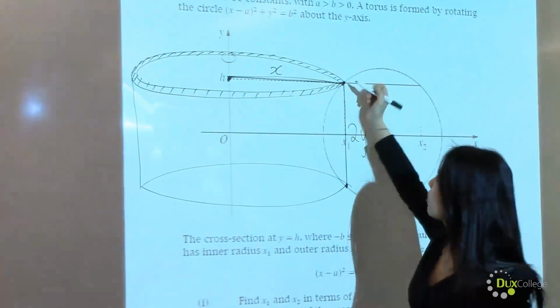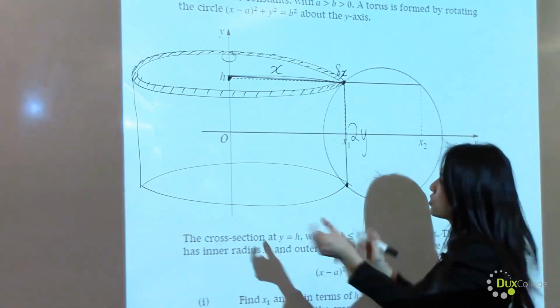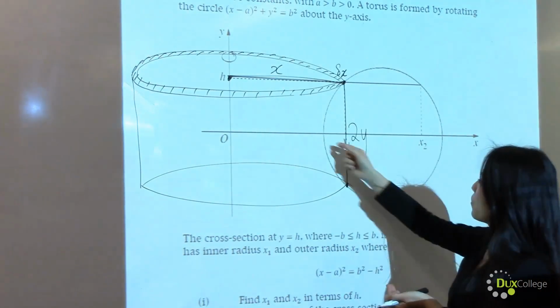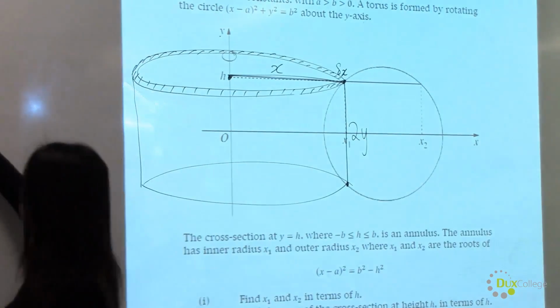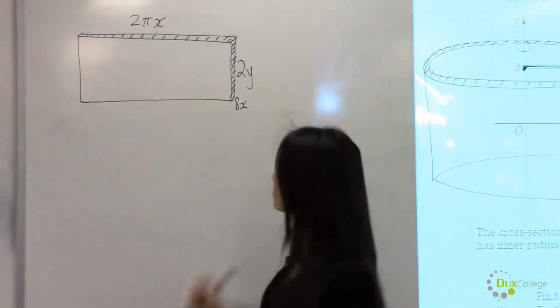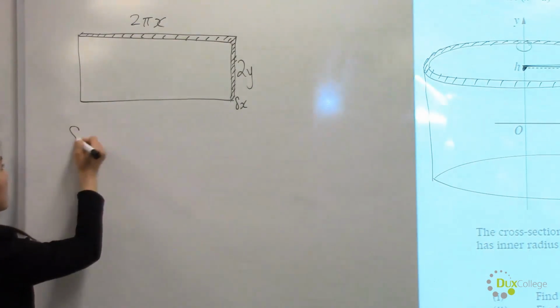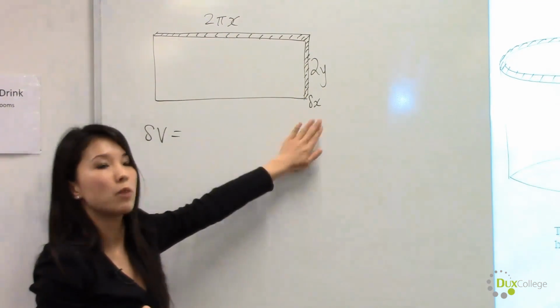And the width of this is changing in terms of delta x, because we're adding in from here all the way up to here, and we are changing in the x direction. So that's the width. Okay, now to find the volume of this slice, delta V must be the length times the height times the width.